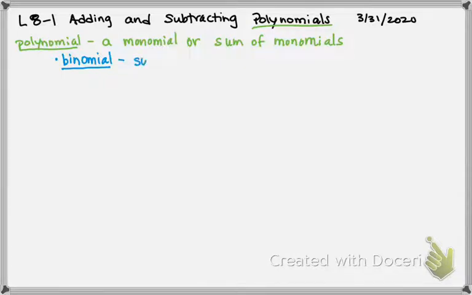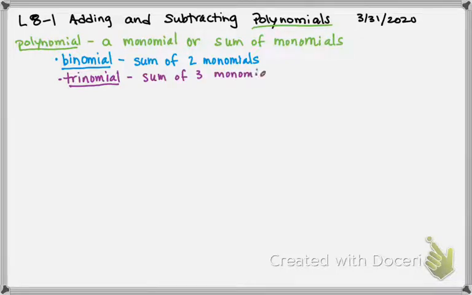We can say it's a sum of two monomials, but there can be subtraction because remember, we can rewrite any subtraction problem into an addition problem by adding the opposite. Okay, and then the other one is the trinomial. So tri, just like tricycle or triennial, means three. So it's the sum of three monomials. Okay, so you will be using those words binomial and trinomial throughout this lesson.